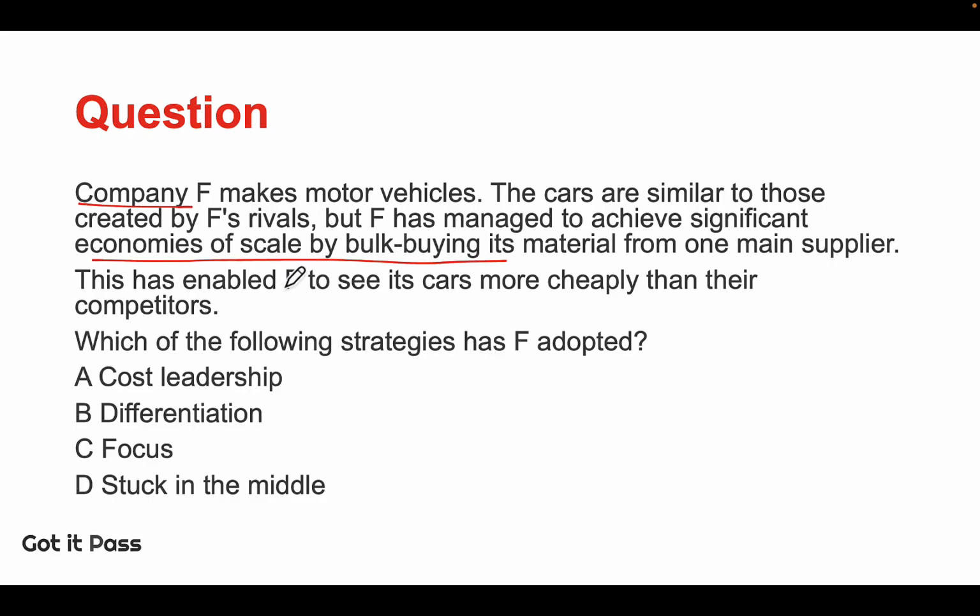This has enabled F to sell its cars more cheaply than its competitors. So, which of the following strategies has F adopted? Is it cost leadership? Is it differentiation? Is it focus? Or no strategy, just stuck in the middle?